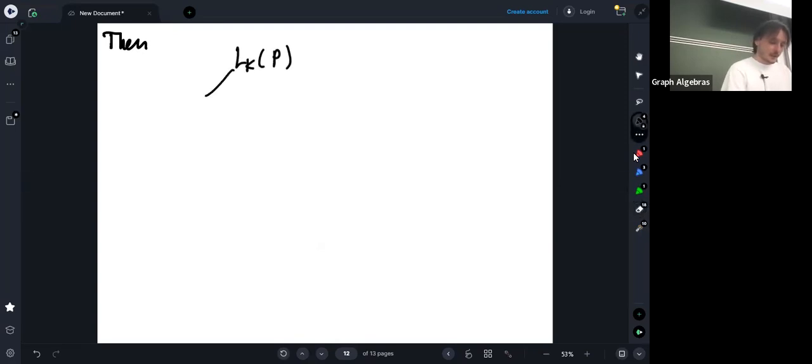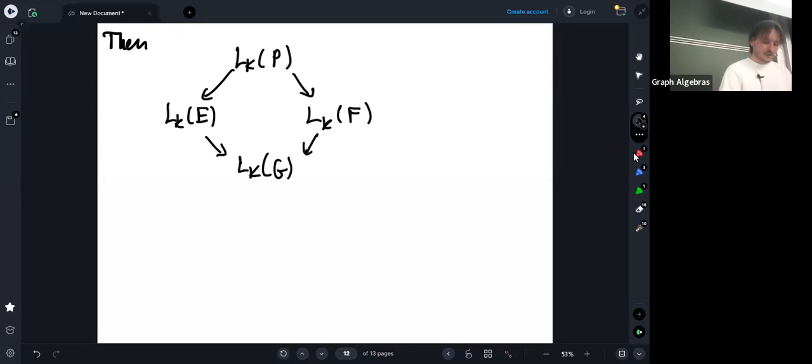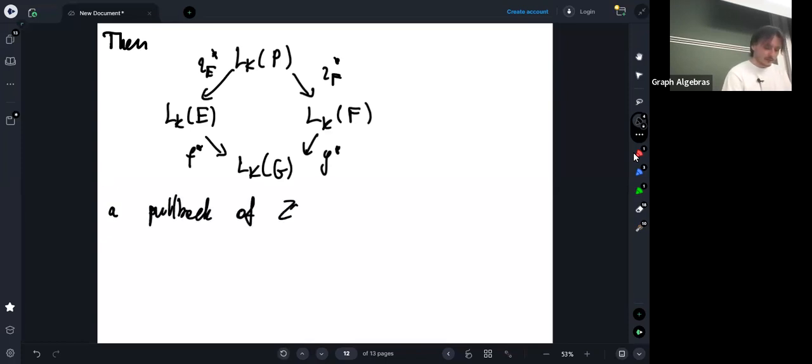So the induced maps at the level of Leavitt path algebras, when of course the maps are the ones that I just told you about, this is a pullback of Z-graded algebras.